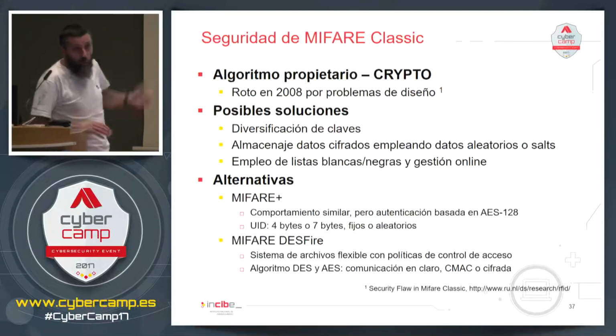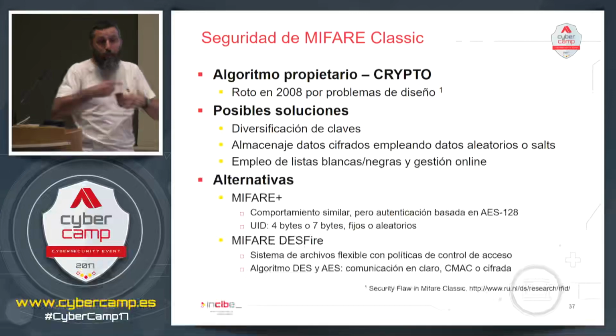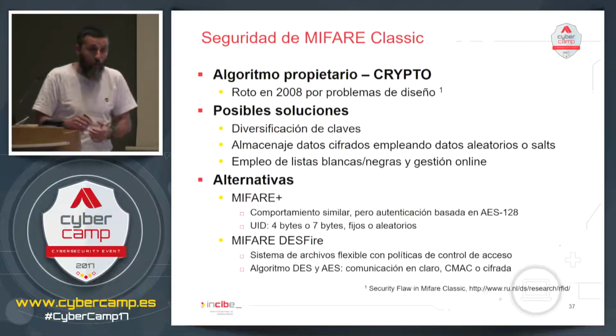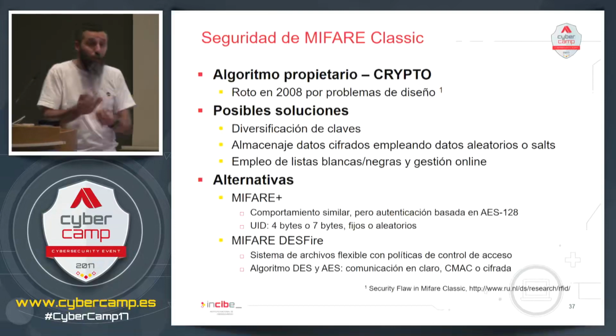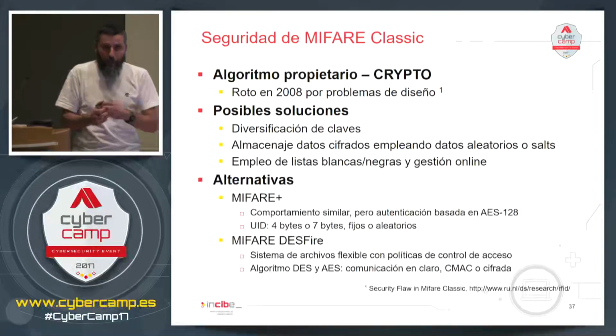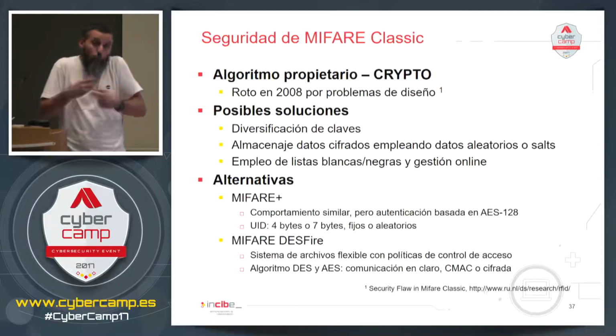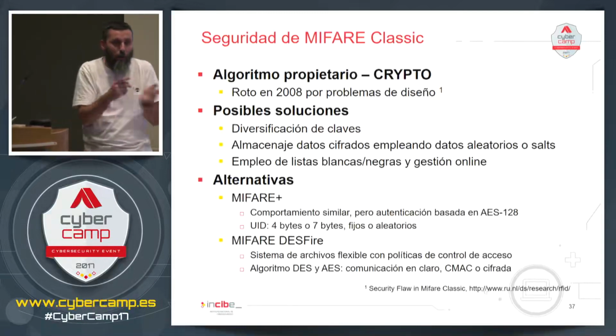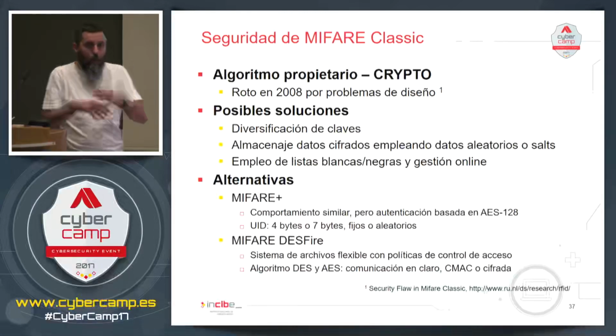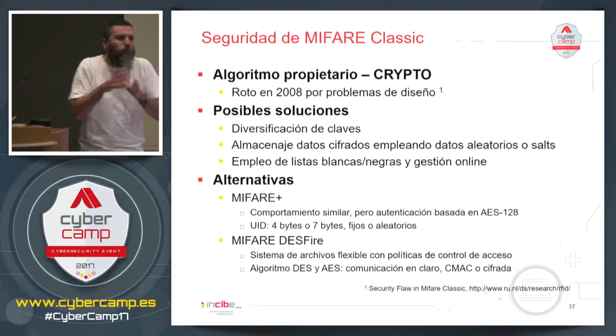So that was broken in 2008. The solutions were, instead of having the same keys, you could create different keys for each card, or encrypt the card's content, even though the card itself isn't encrypted. I can encrypt it for every operation that I use and store it in different accounts.